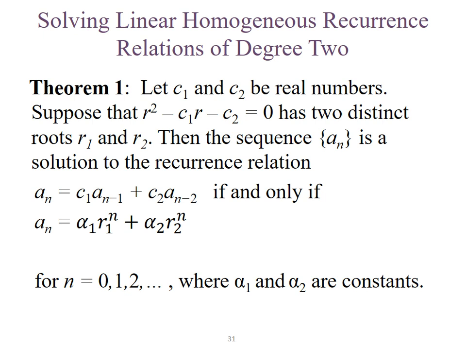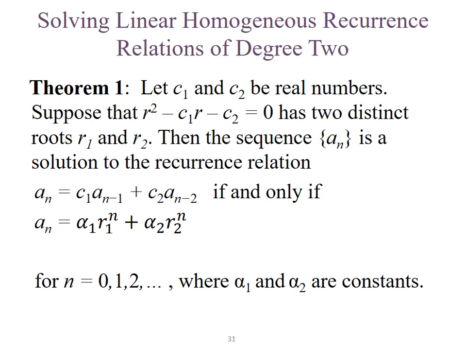Alright, next let's see Theorem 1 to help us solve linear homogeneous recurrence relations. If we have c1, c2, which are real numbers, and then we have the characteristic equation r squared minus c1 r minus c2 equals 0.